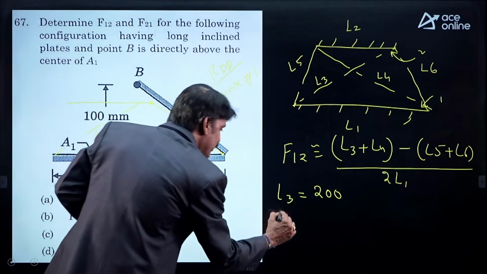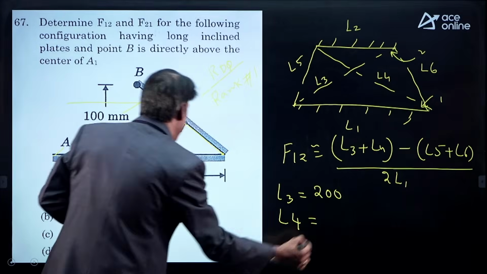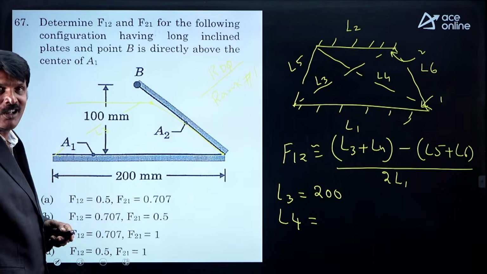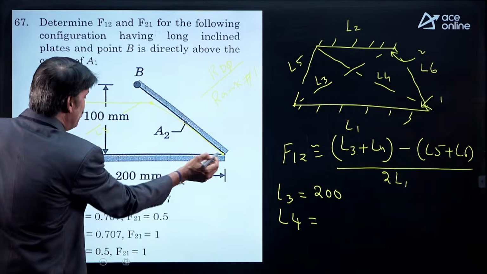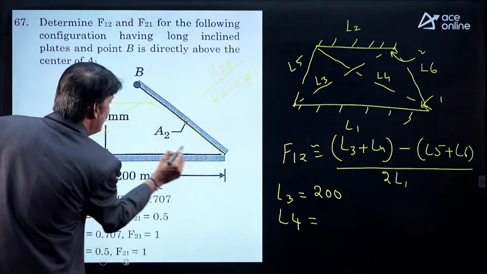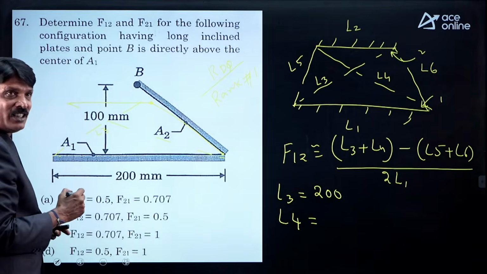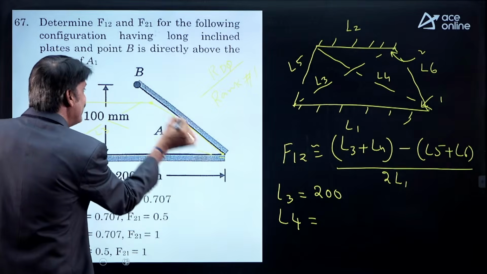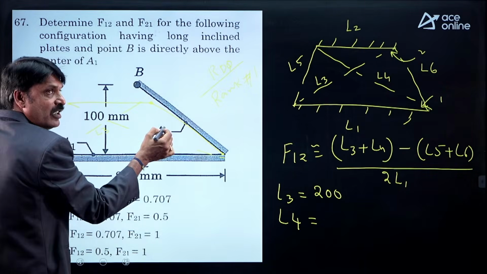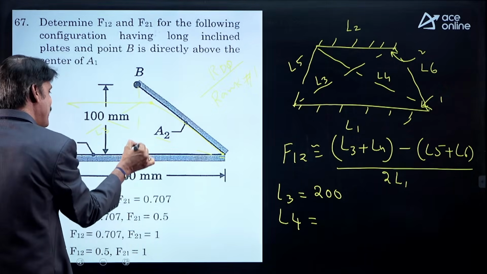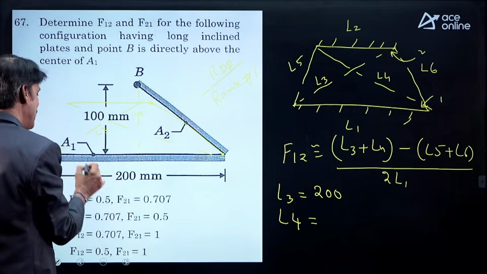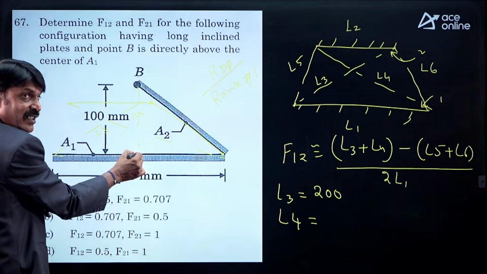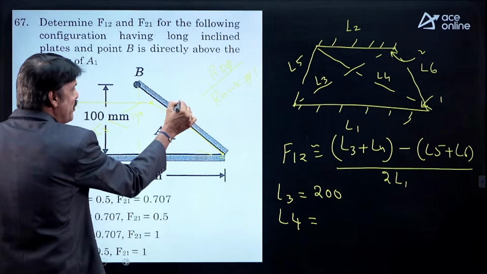And L4, if you observe it, say suppose these 2 points you have to join, but as this point is joined here, this length becomes L4, and he has not specified, he has given this as 100 from the midpoint, so its hypotenuse becomes 100 root 2.